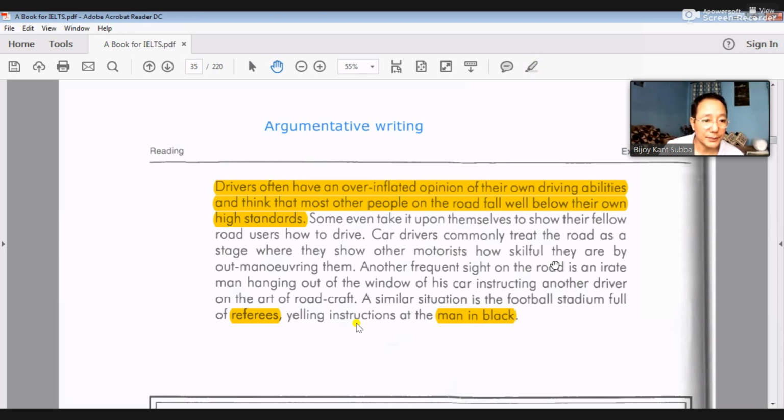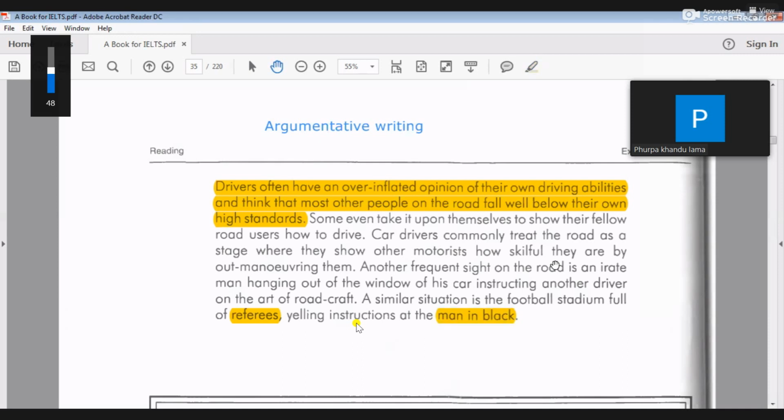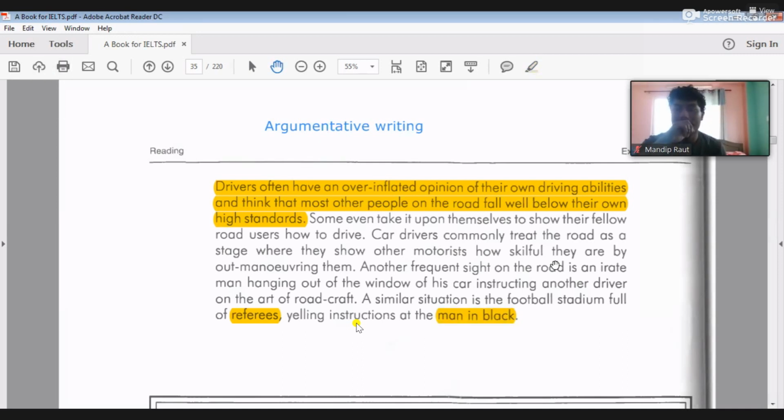The referees and the man in black, Sharmila, Bibutsa, Mandeep. Drivers are the referees and the fellow road users are the men in black. Mandeep, drivers are referees, and when I say drivers, the man in black is the? Fellow road users. Okay.